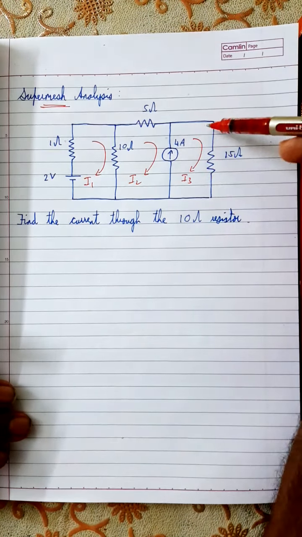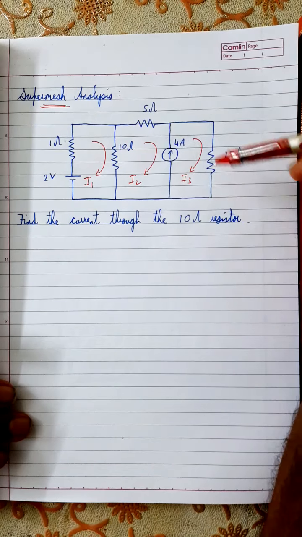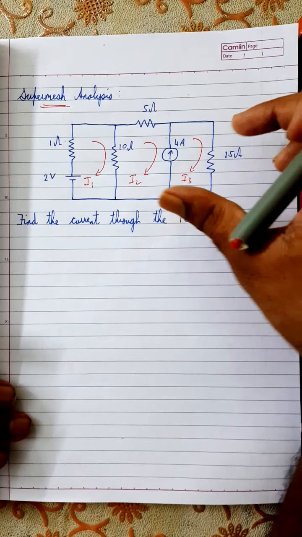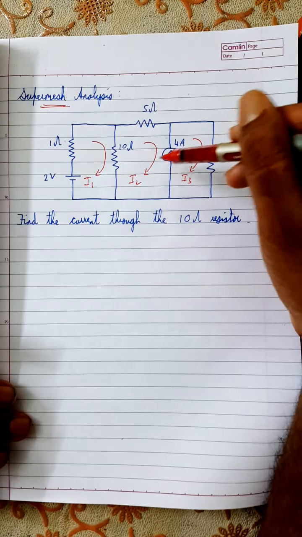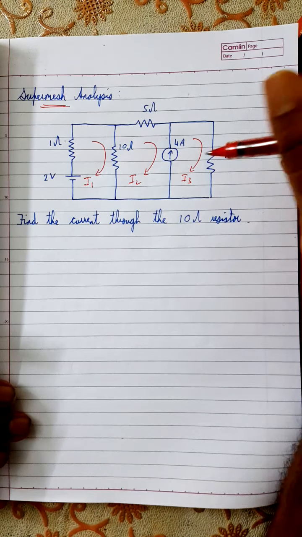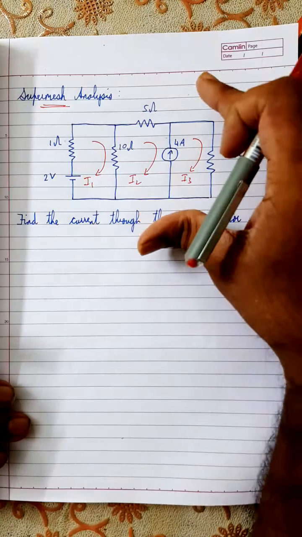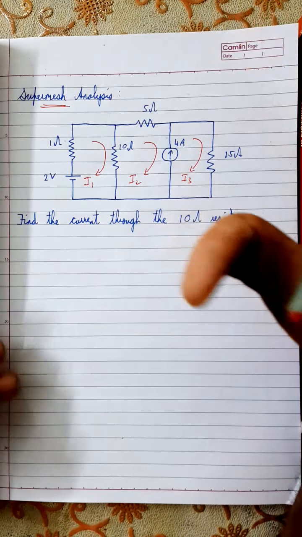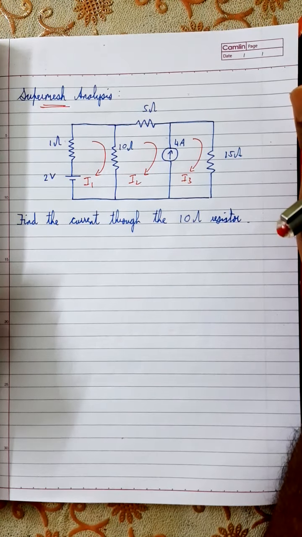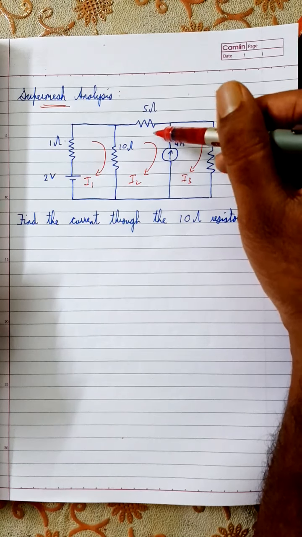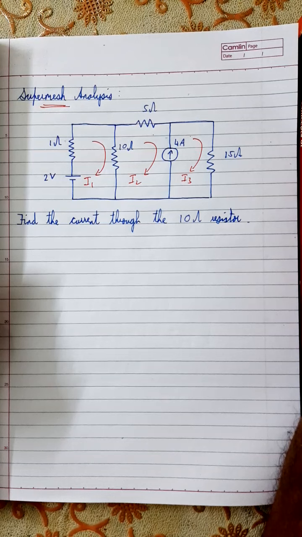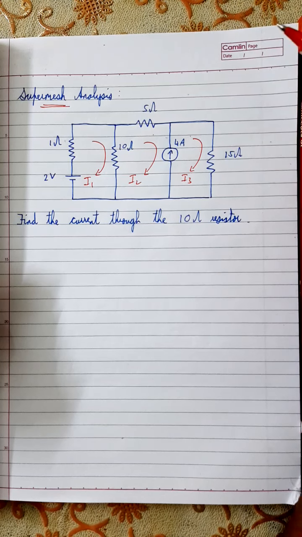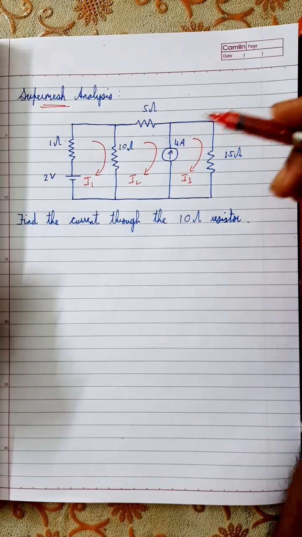It is a mesh that encloses two meshes in which the current source is coming in between them. That is called a super mesh. So in this problem, it is super mesh analysis. Mesh 2 and mesh 3 will form a super mesh, so you need to define the super mesh equation.